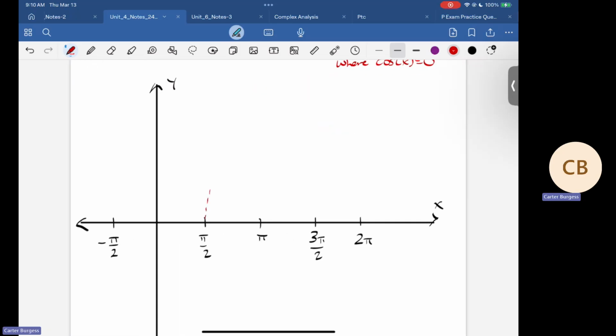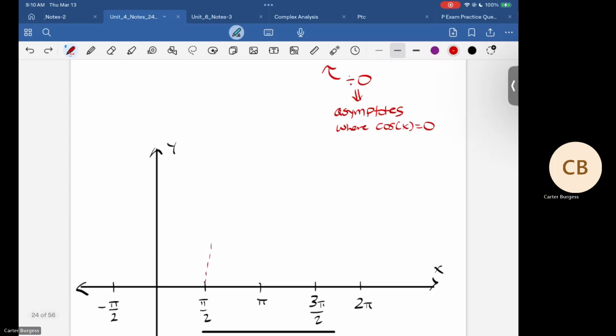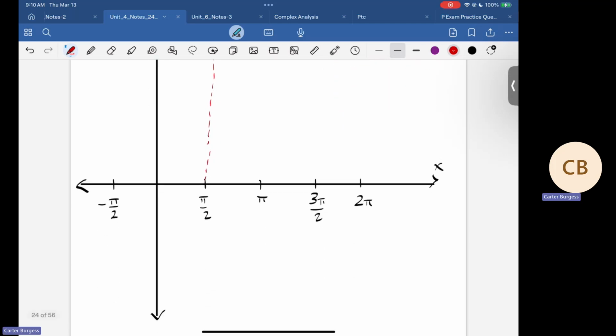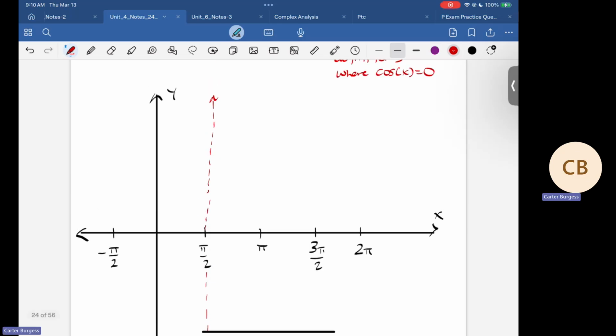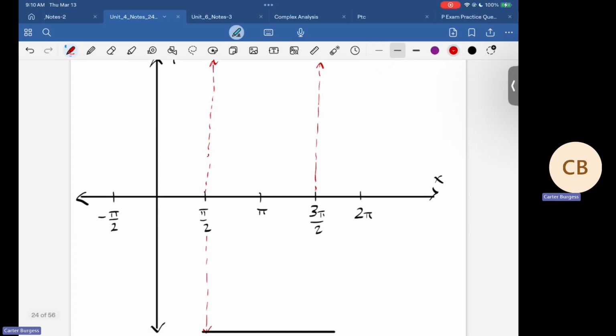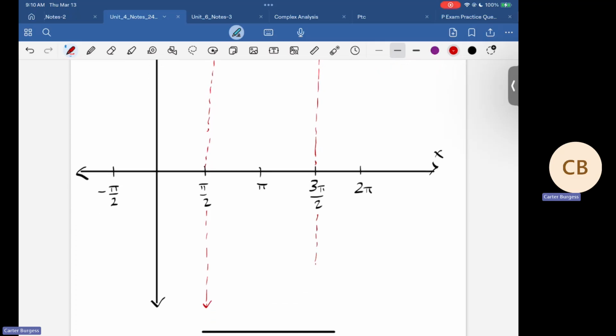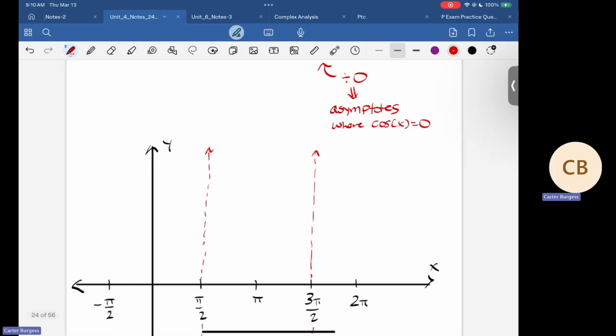Yeah, pi over 2 is 1. And 3 pi over 2 is the other. Fantastic. So pi over 2 will have an asymptote, and at 3 pi over 2, we'll have an asymptote. So zeros of cosine give us asymptotes.